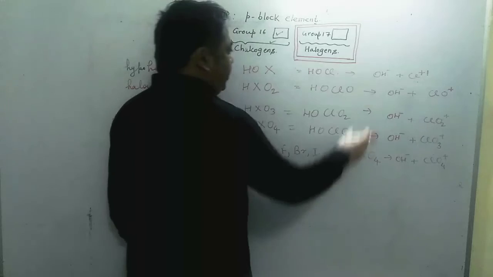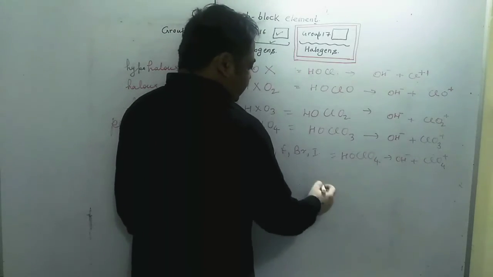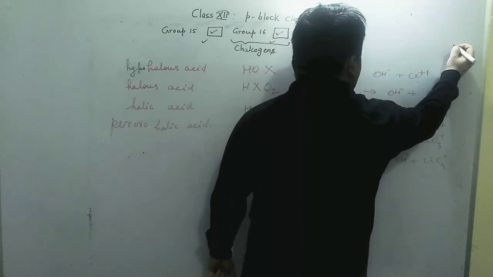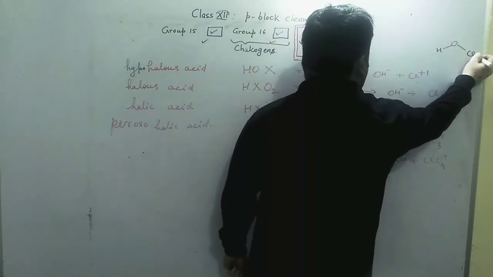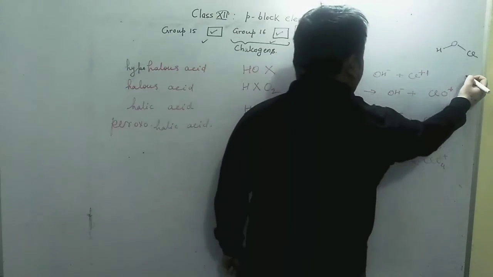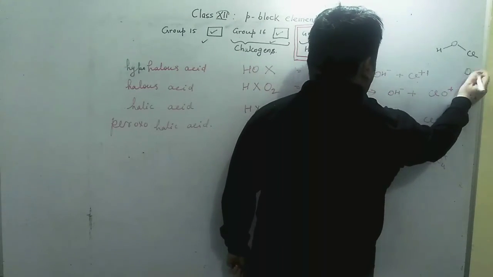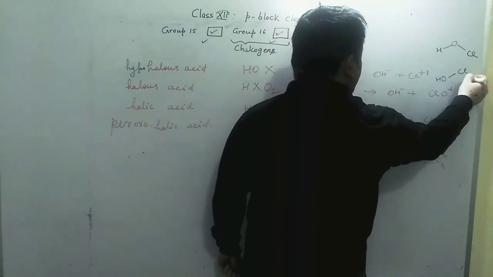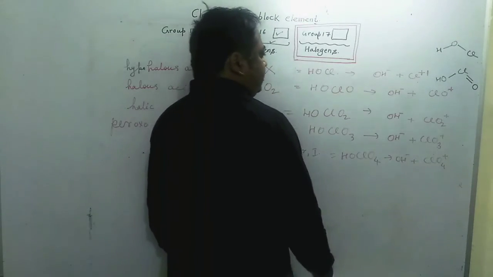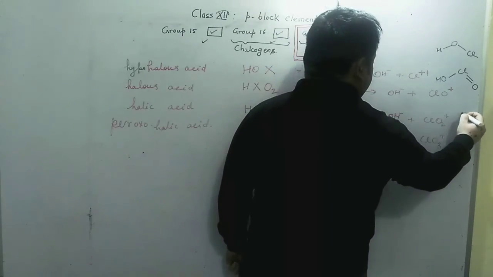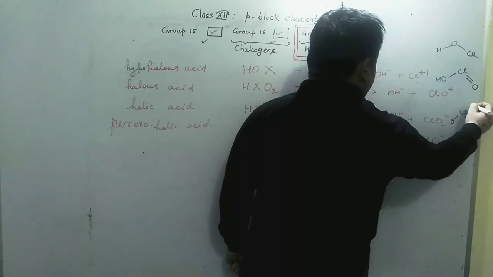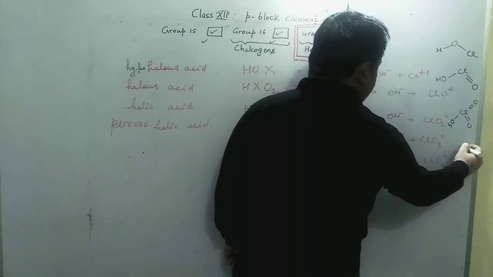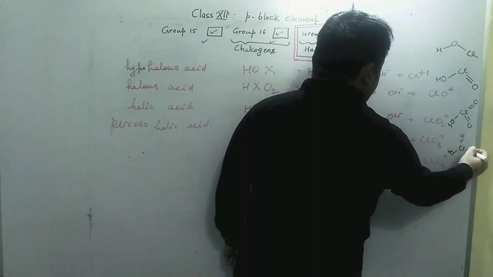So its structure would be: OH will be there in one and chlorine will be the central atom. So its structure can also be drawn like this. O, one side H and another side Cl. In this case, Cl, one side OH and one double bond oxygen. Then Cl, OH, double bond oxygen, double bond oxygen.